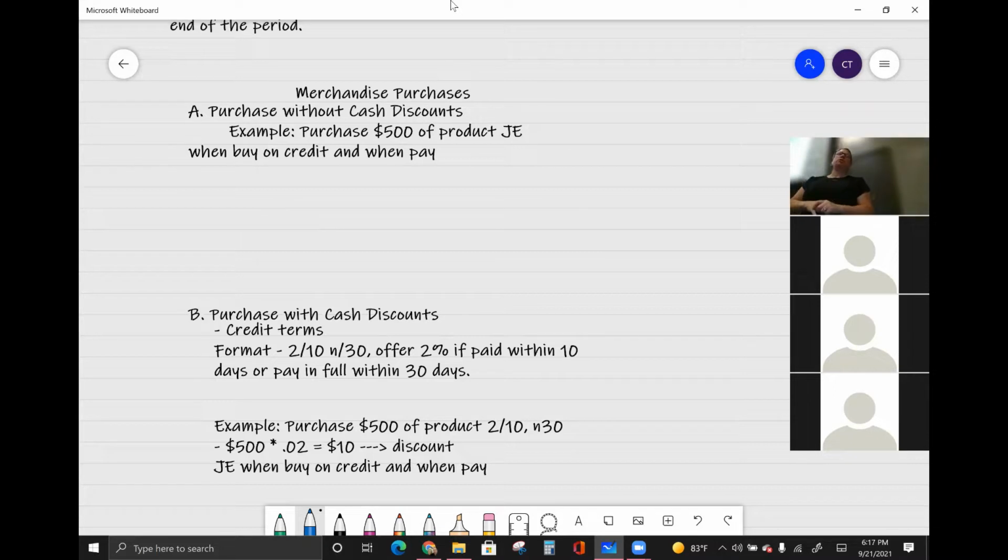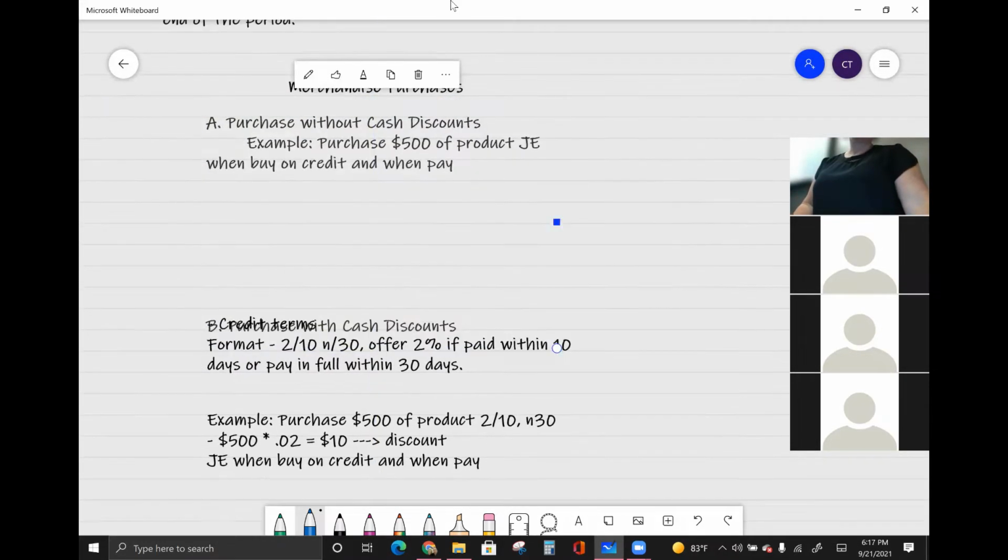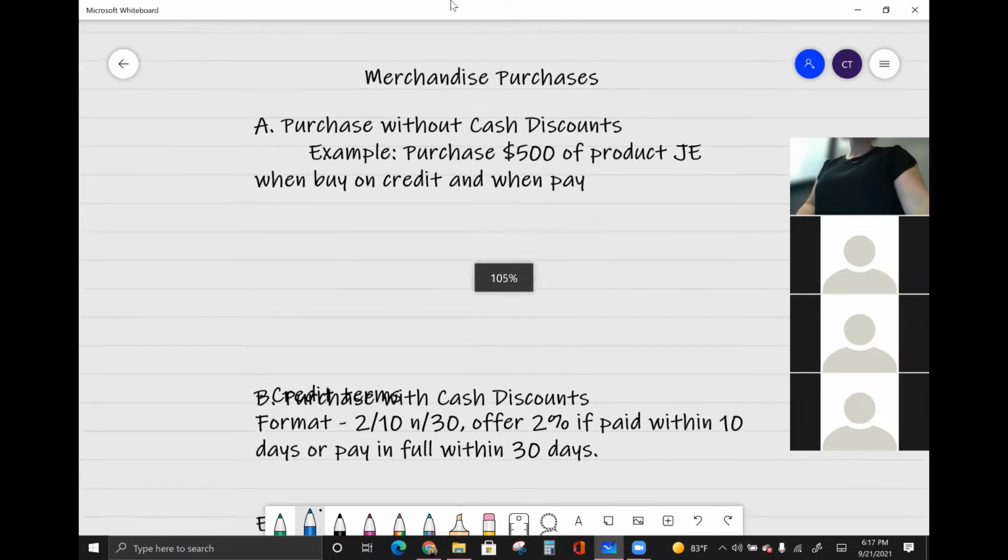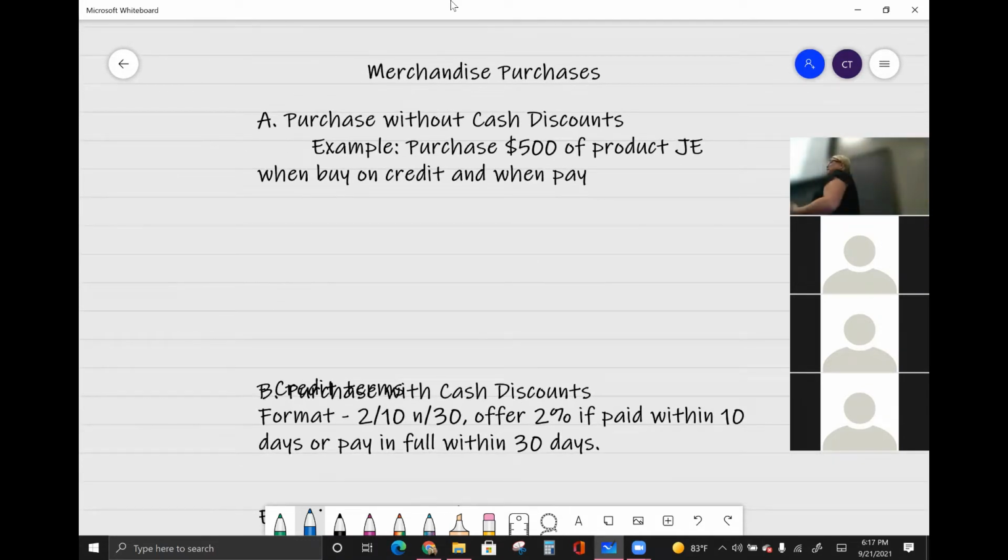So let's say we purchased $500 of product. We want to do a journal entry for that. So if I'm buying inventory and I'm buying it on credit, does that mean I'm spending cash now? No. So do you remember what that account is called? Accounts payable. It's a liability.